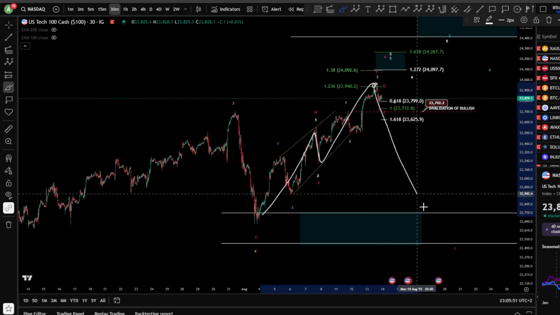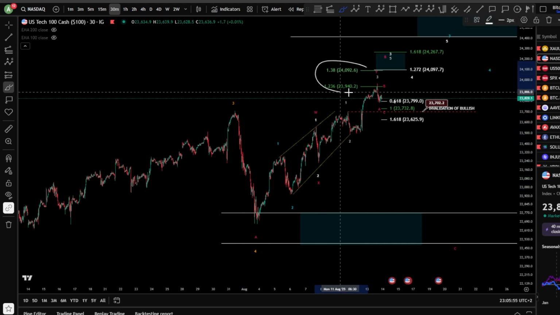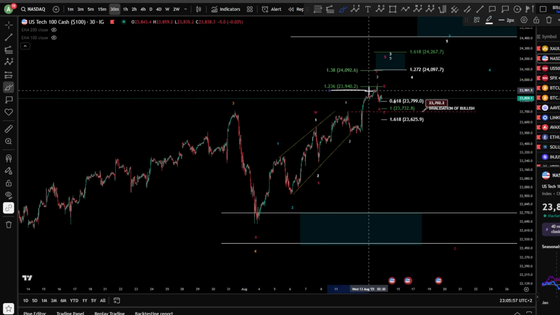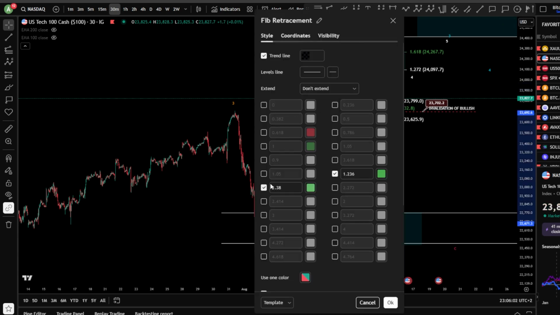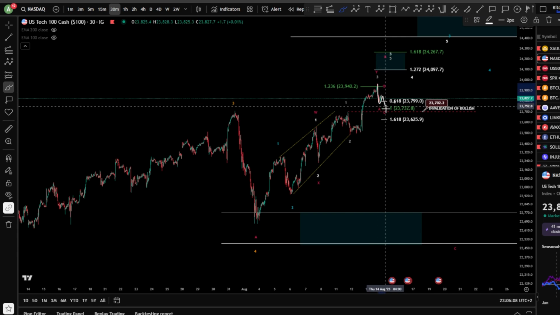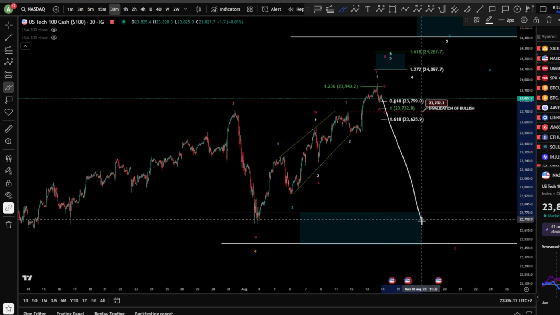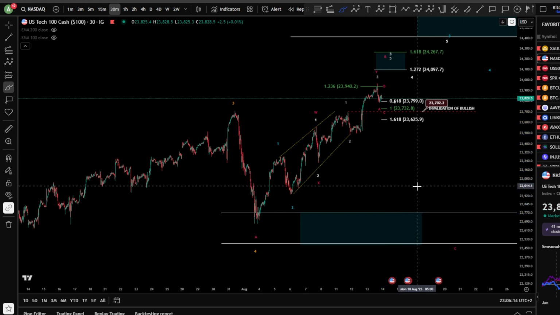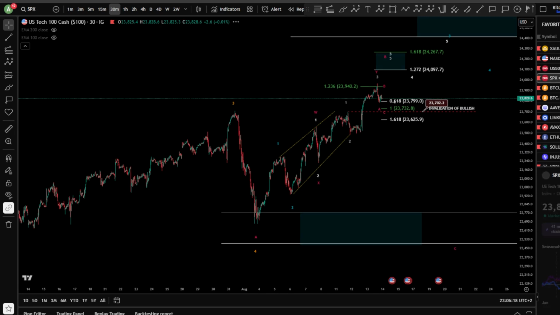And after this, you're looking, of course, for a wave C, after a wave B here, in perfect fib levels for wave B, 1.23 has been hit. And of course, we have to consider it as a high possibility here, especially that we see an impulse right now, and this invalidation is very close to the price action. We might see, of course, a continuation for lower prices in a wave C. Yep, so that was it for Nasdaq.